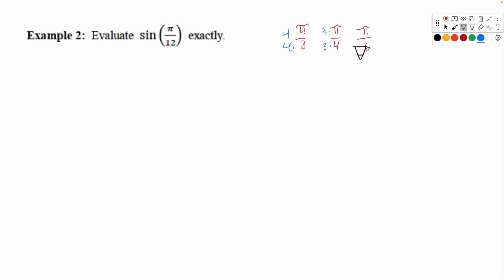And 6, I'm going to have to multiply by 2 over 2. So the other way to think of this is 4 pi over 12, 3 pi over 12, and 2 pi over 12.